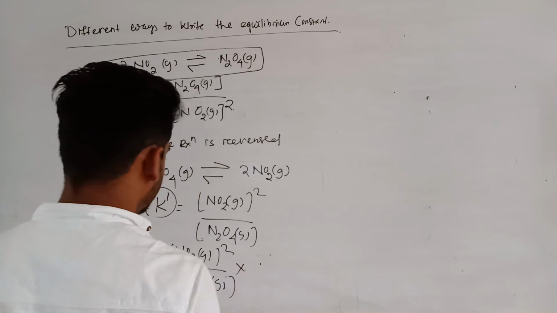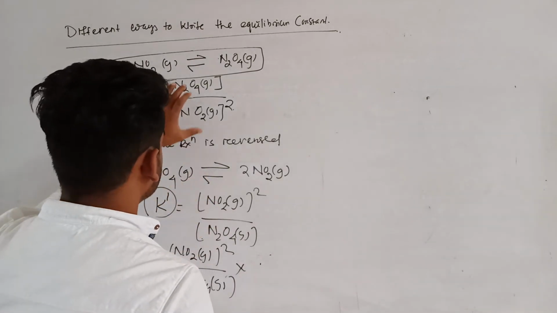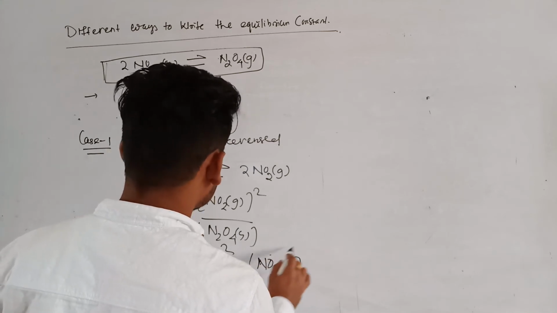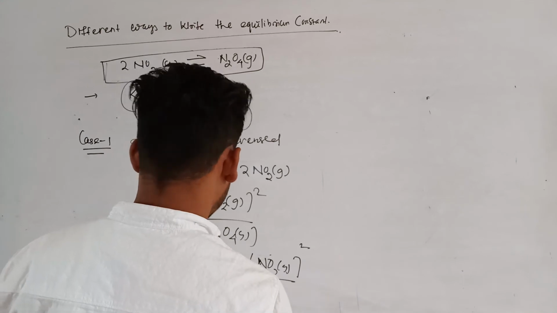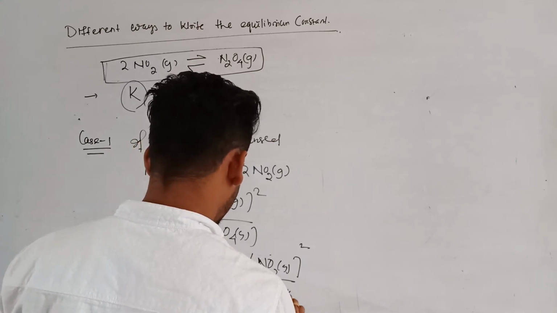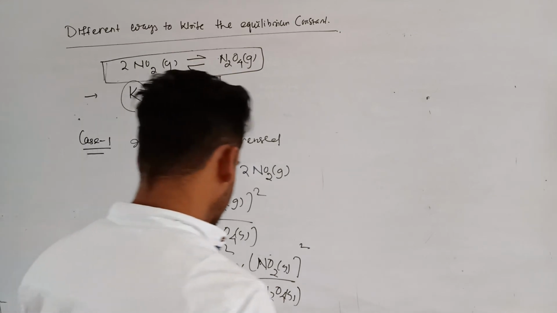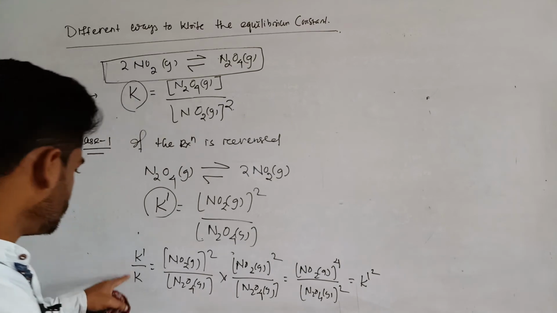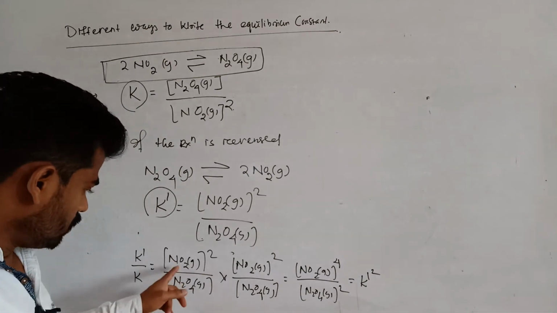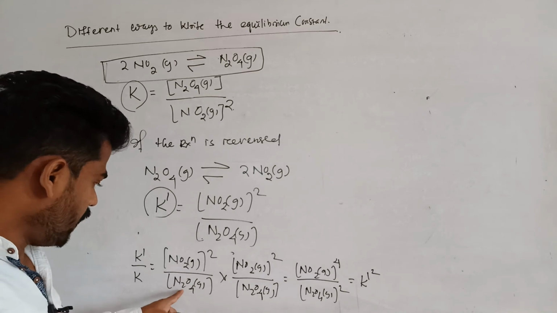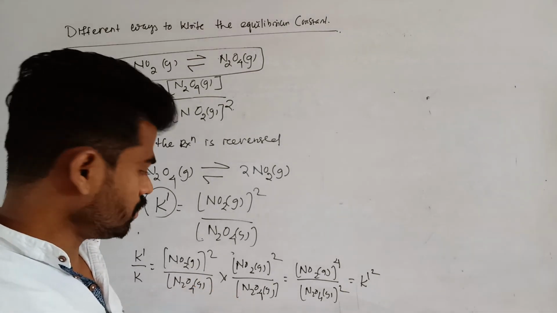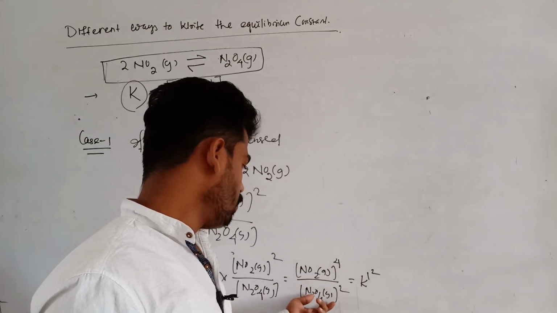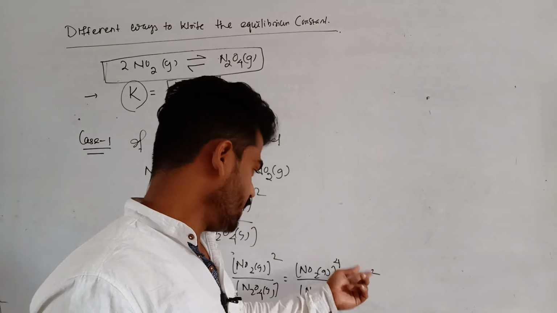If I take their ratio, that will be again NO2 square divided by N2O4. So now K dash upon K will be equal to NO2 square divided by N2O4. This one will be its mathematical expression, and that is equal to NO2 to the power 4 upon N2O4 to the power 2, that will be K dash square.